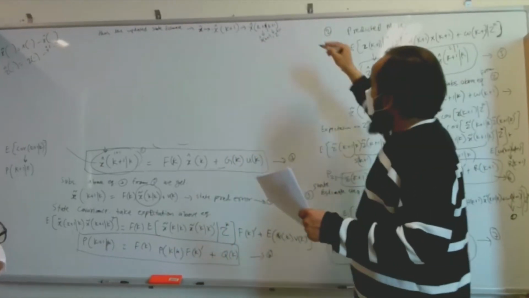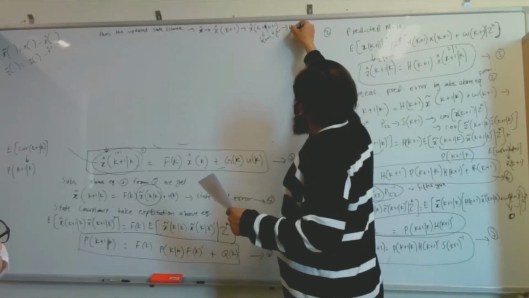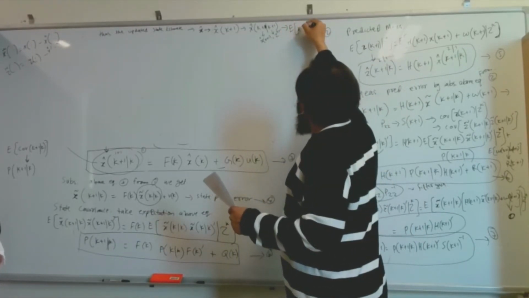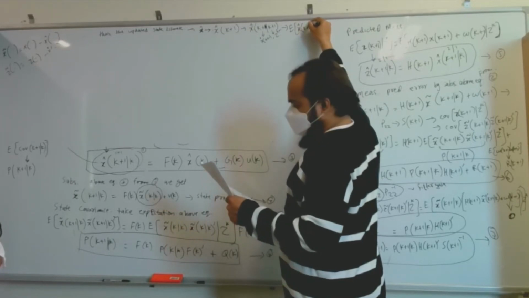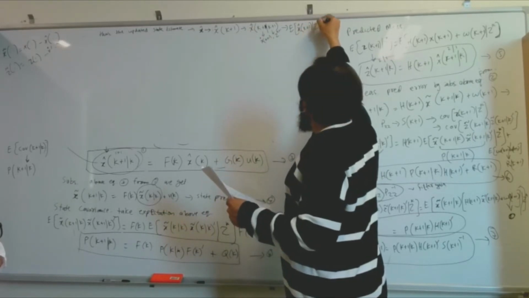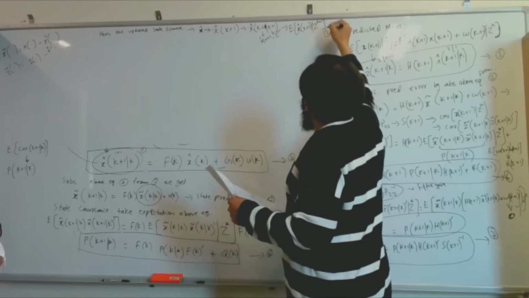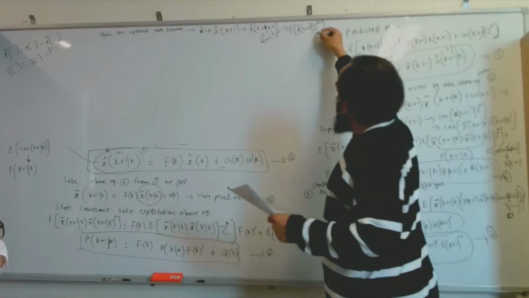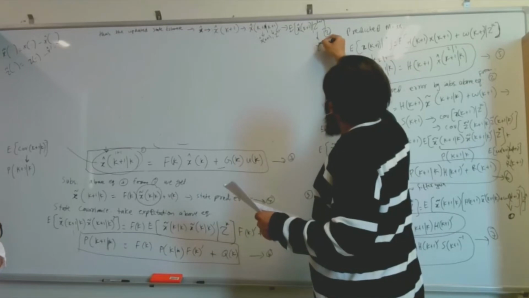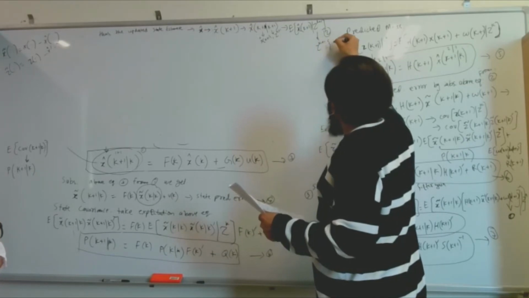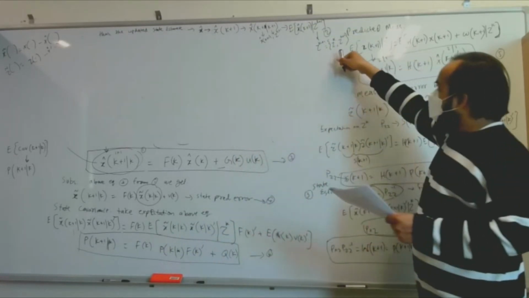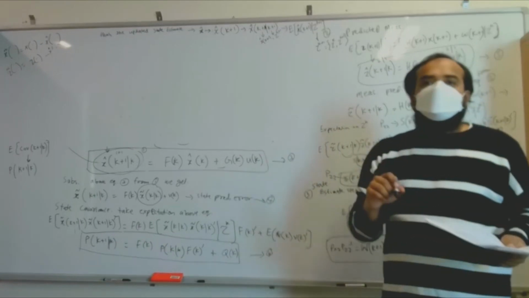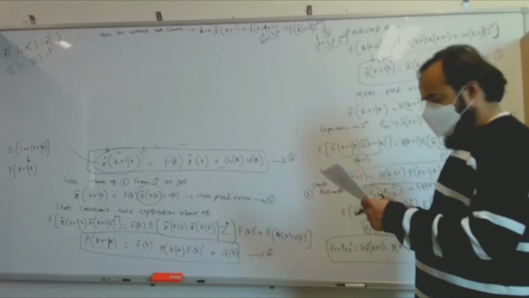So we have to take the expectation of x of k plus 1 conditioned on z up to k plus 1. This means the information from zk to zk plus 1 is known, is given to you.